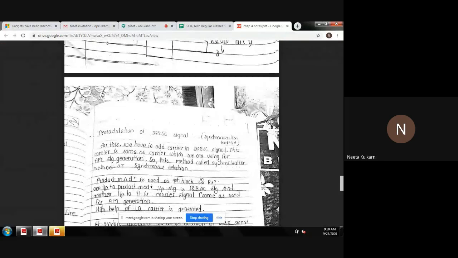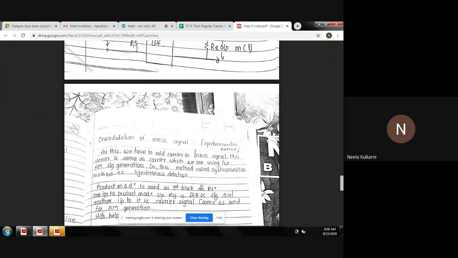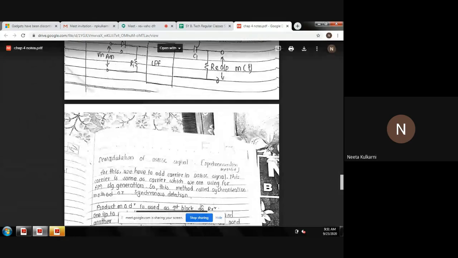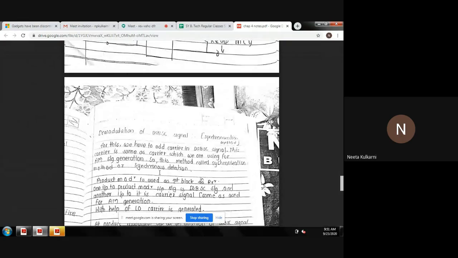So now we are going to see the demodulation for DSB-SC. In detectors there are two types, envelope detector and rectifier detector. After that we have to see the process for demodulation of DSB-SC signal. So I hope you are understanding the flow.